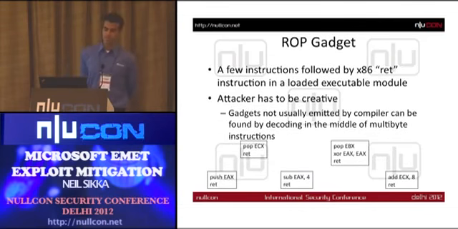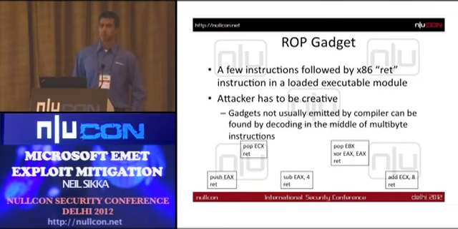So a ROP gadget is, like I said earlier, a few instructions followed by a ret instruction. For example, as you can see, pop ECX; ret or sub EAX, 4; ret. The attacker can chain these together and ret from one gadget to another in order to achieve their intention. Oftentimes the attacker has to be creative in finding ROP gadgets because they sometimes need instructions that are not normally emitted by the compiler, such as pop ESP, which is not a very common one.